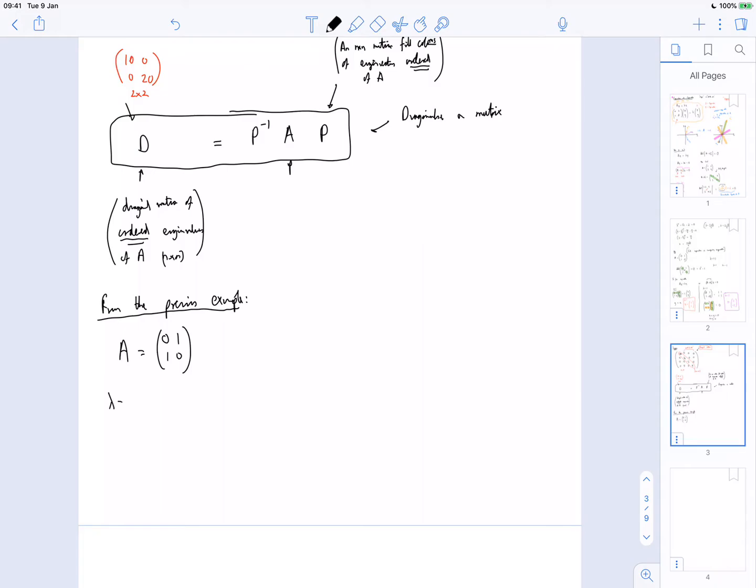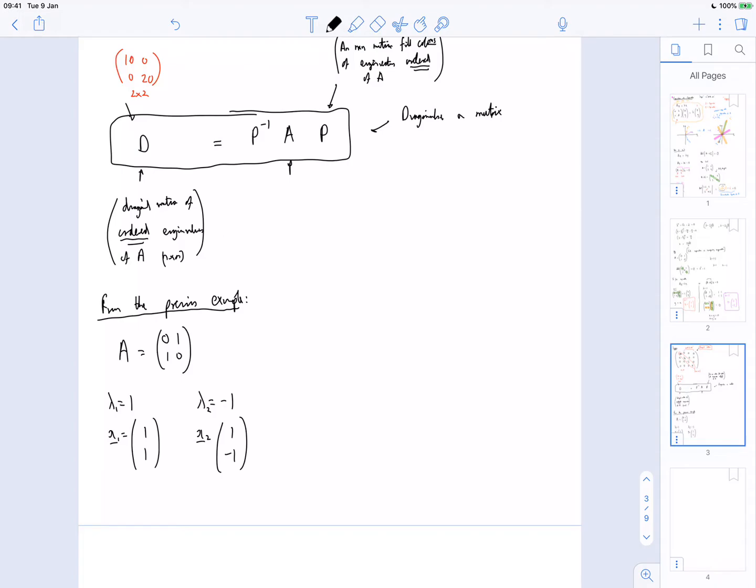And that when lambda equals 1, then my eigenvector was 1, 1. And that when lambda equals 2, not 2, the second one, so we'll call this eigenvalue 1, eigenvector 1. Let's call this eigenvalue 2, which is minus 1. So the corresponding eigenvector x2 was 1, minus 1.